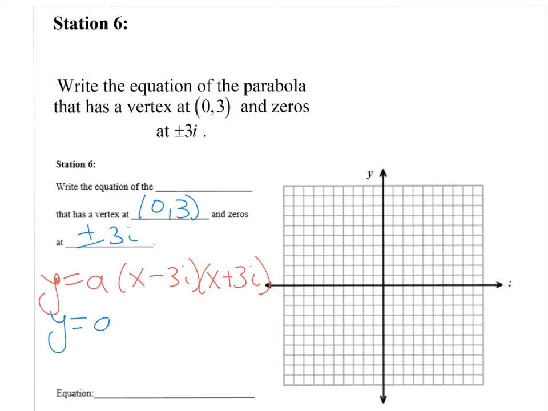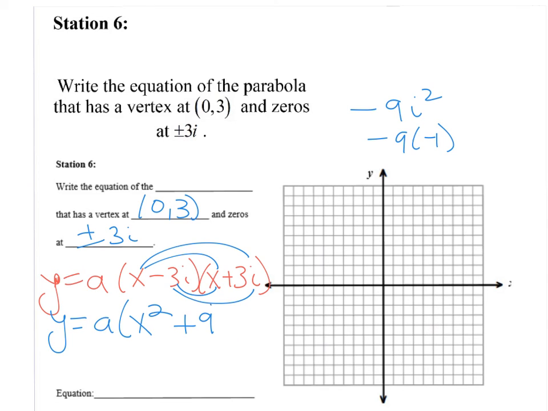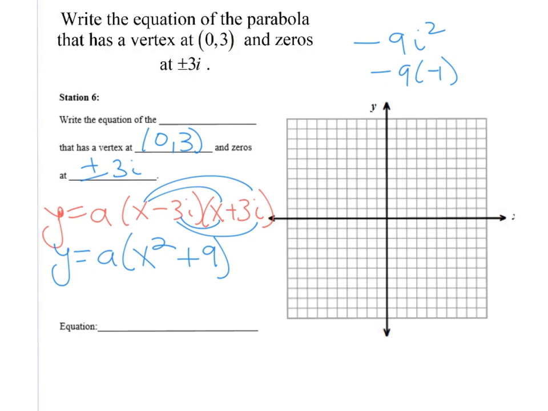So let's see, that's going to be x squared, negative 3ix and positive 3ix are going to be 0. So then this is negative 9i squared, which is negative 9 times negative 1, so plus 9. So now all that's left is to find that leading coefficient a.